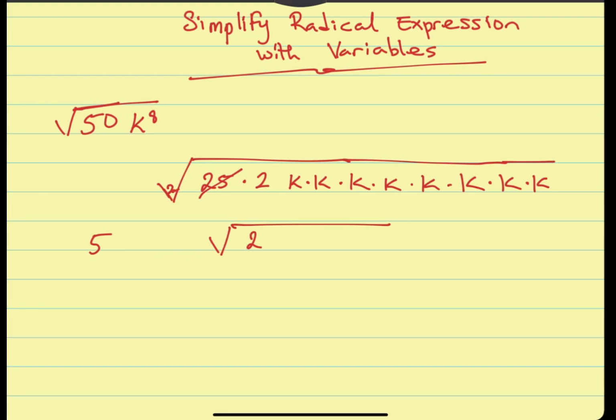That's the index. I hope everyone is paying attention. Now, how many groups of 2 can we make from the K? Let's count together: 1, 2, 3, 4. We can make 4 groups of K.